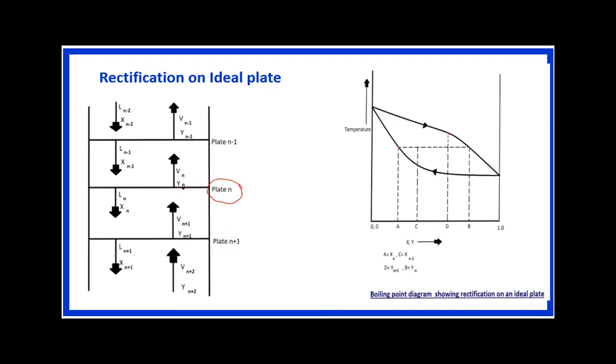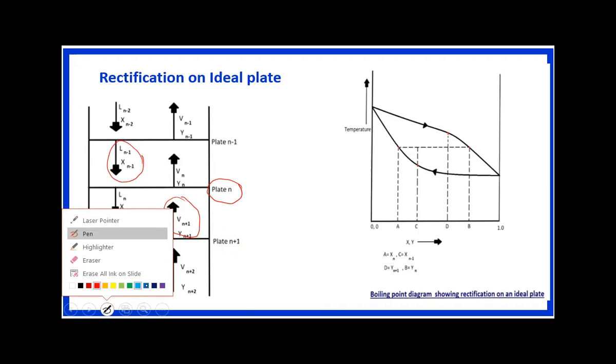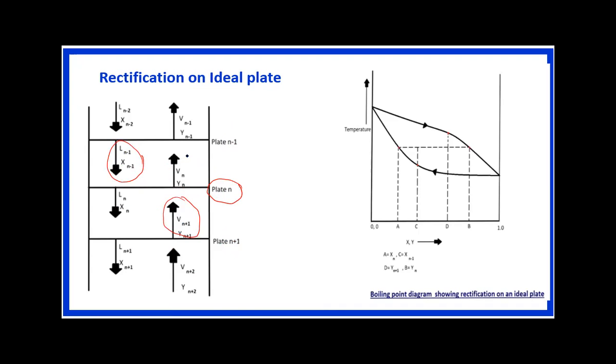If you observe the nth plate composition, what exactly is the input for this plate N? This is the input of plate N, right? And what exactly is the output? The output from this ideal plate is this one. If you observe the nth plate composition of liquid and vapors, the downward arrow indicates the liquids, the upward arrow indicates the vapors.